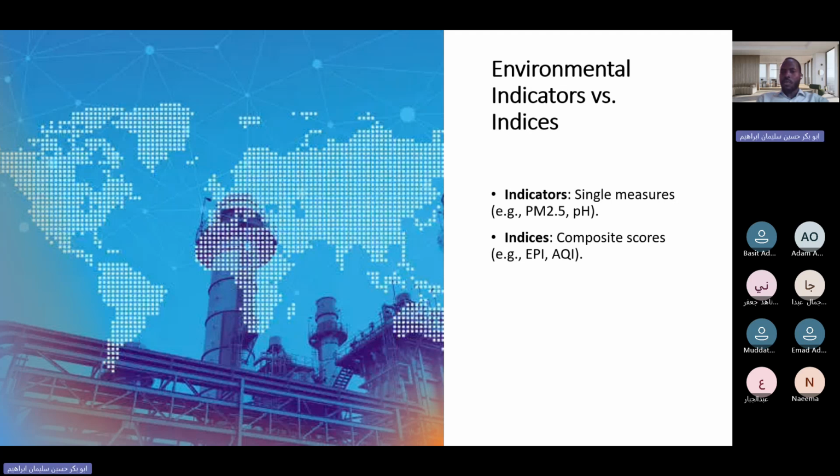That means you can use many different indicators and put them together. For example, EPI, the expanded program on immunization, has different indicators.